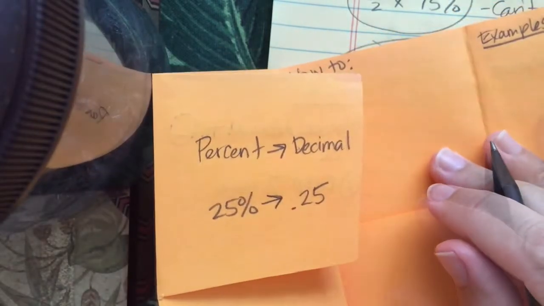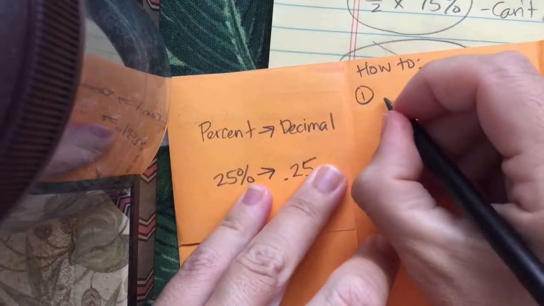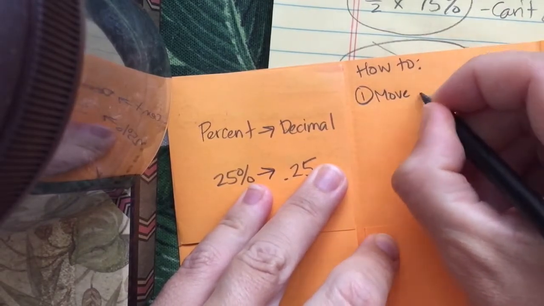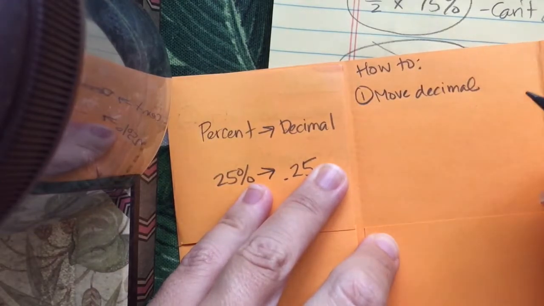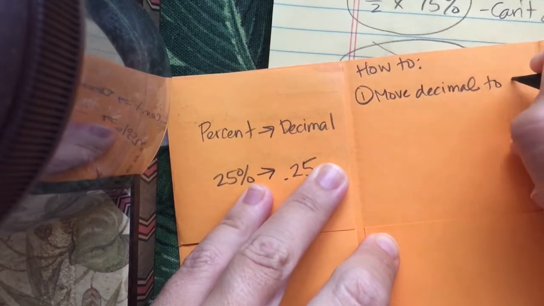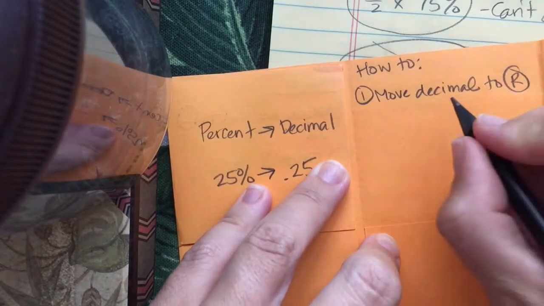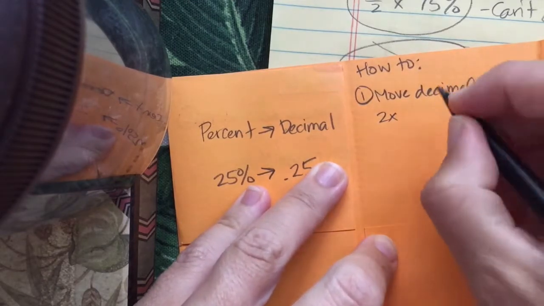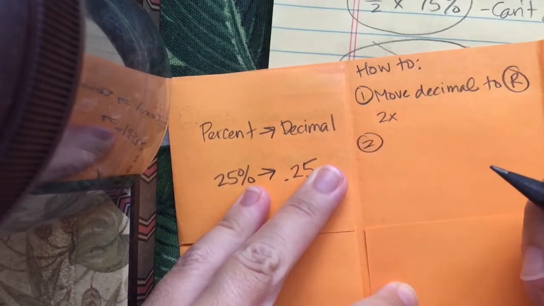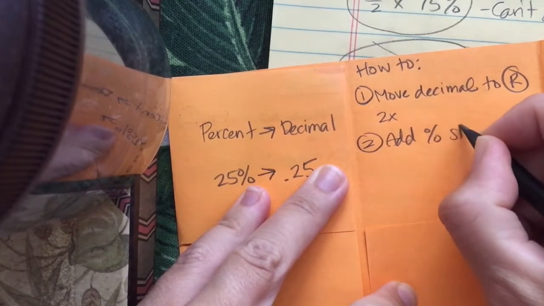All right, how-to. Step 1. We are going to move the decimal to the right. Before we moved it to the left, now we're going to move it to the right. We're going to move the decimal to the right 2 times. And then step 2, you're going to add your percent sign.